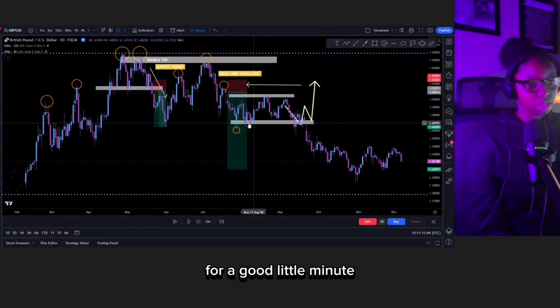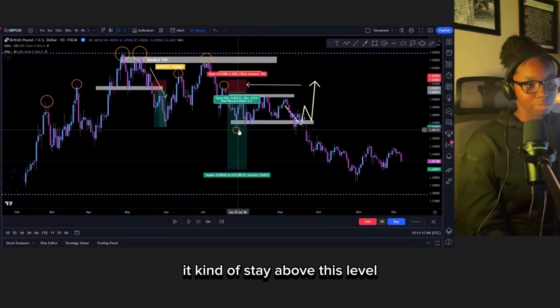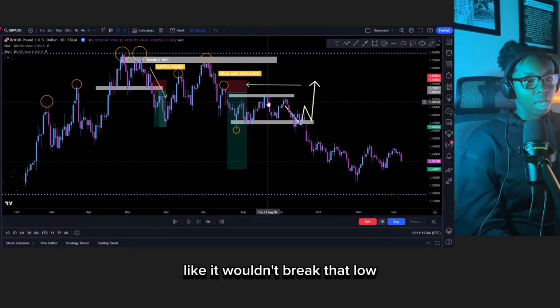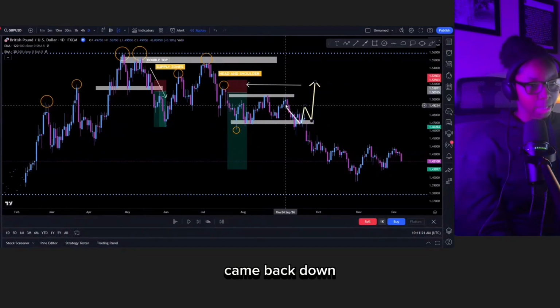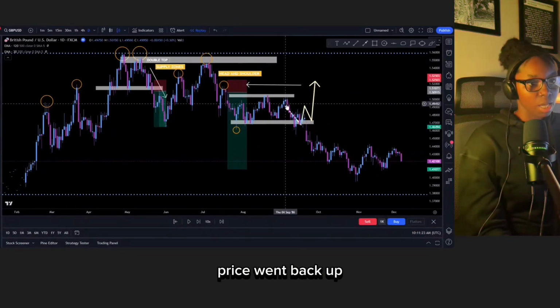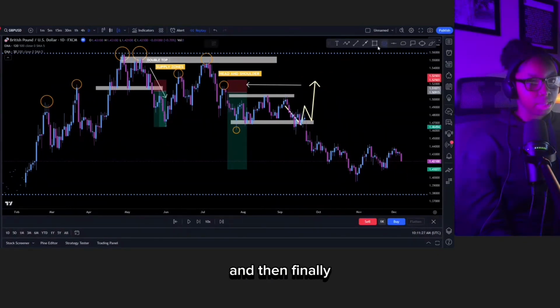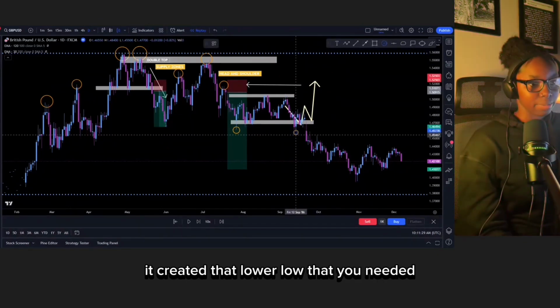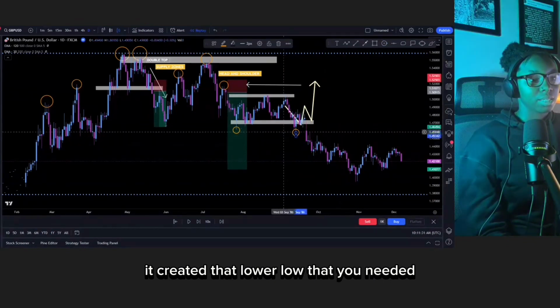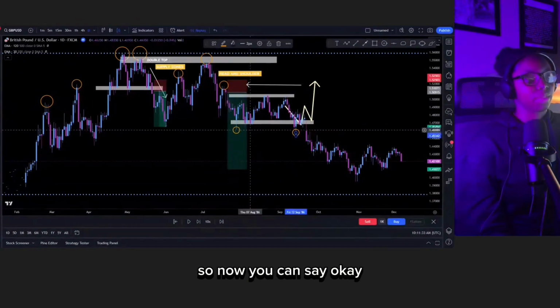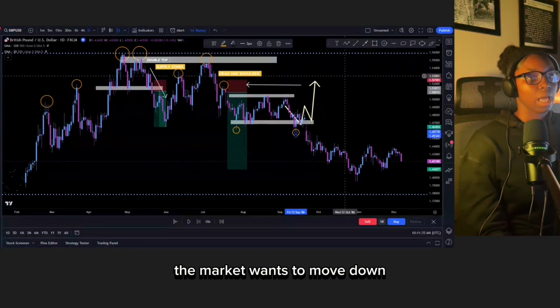For a good little minute it stayed above this level, like it wouldn't break that low, and then it went up, came back down, price went back up, rejected off this area, came back down, and then finally it created that lower low that you needed. So now you can say, okay, the market wants to move down.